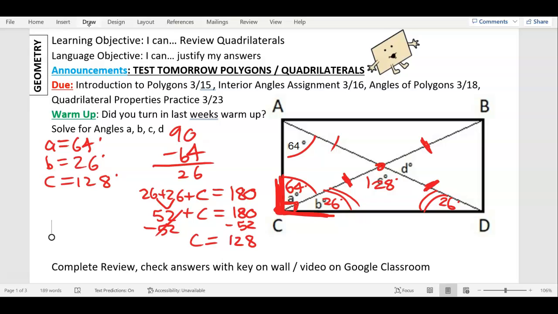If I know C is 128, that will give you angle D. Okay, so 180 minus 128 is 52 for angle D, because they make a straight line, which is 180 degrees. Okay, so angle D is 52 degrees.